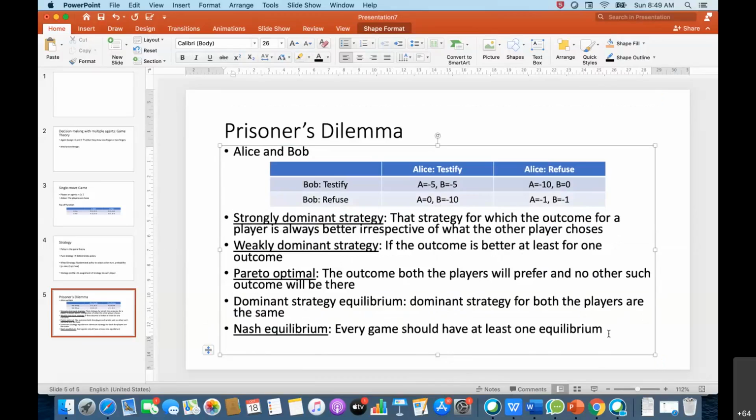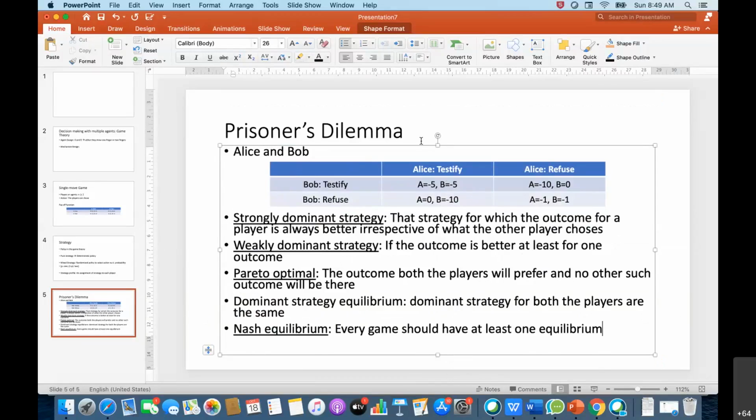It does not mean that, if you see the payoff matrix, both of them have equal chance to win.